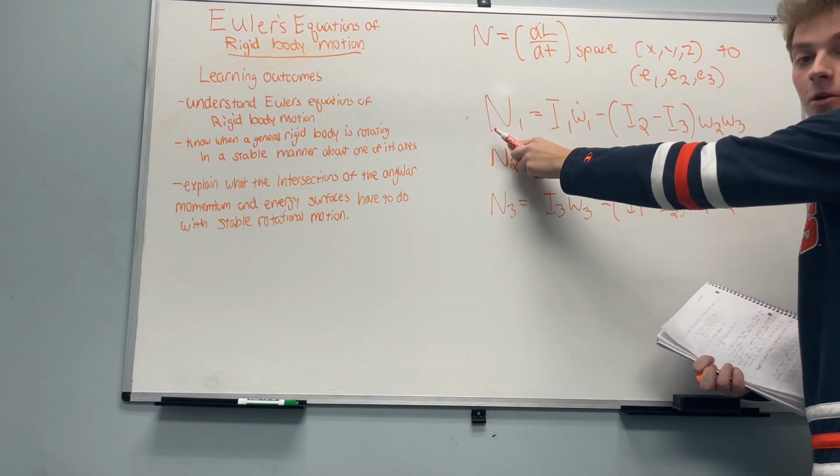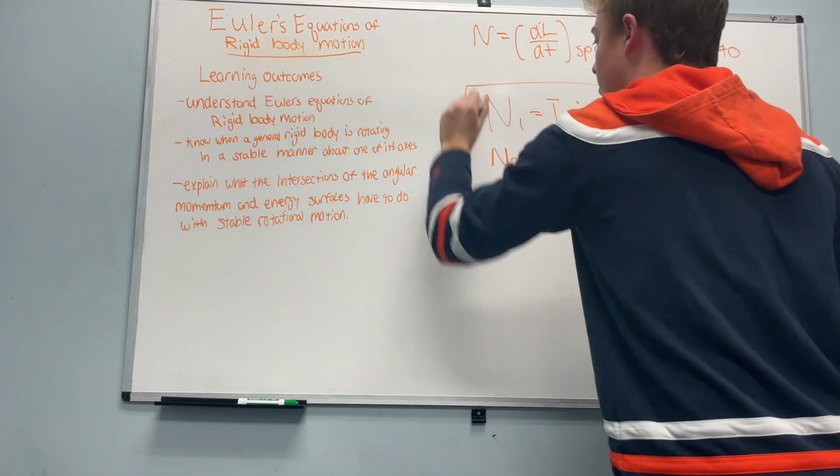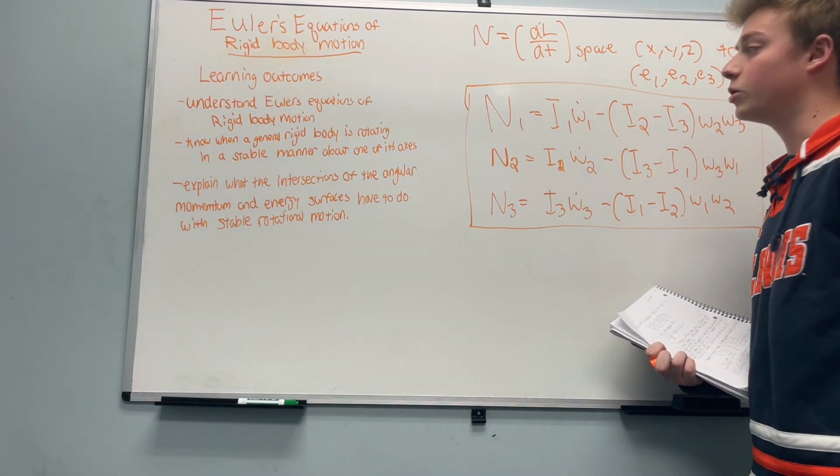And N here is our applied torque, and these three equations will be our Euler's equations for rigid body motion.